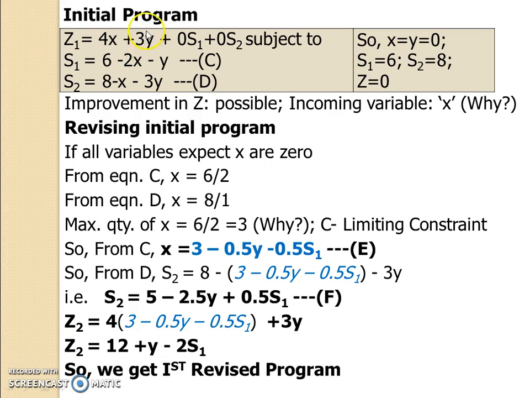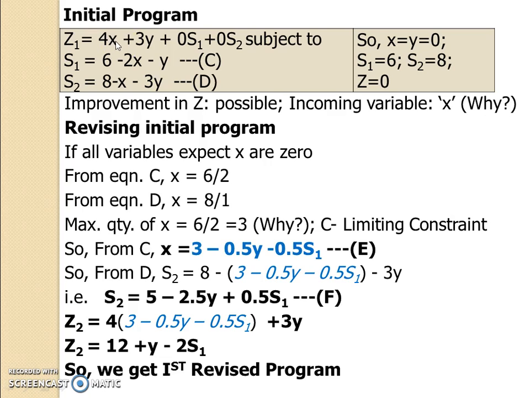Similar is the case of y, wherein the improvement will be positive 3 if you bring 1 unit of y in your program. Now obviously we will select x because it has a larger potential for improvement. Then x is called the incoming variable.